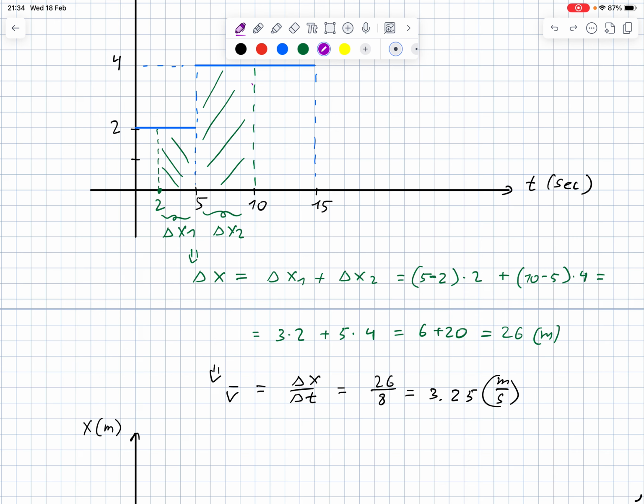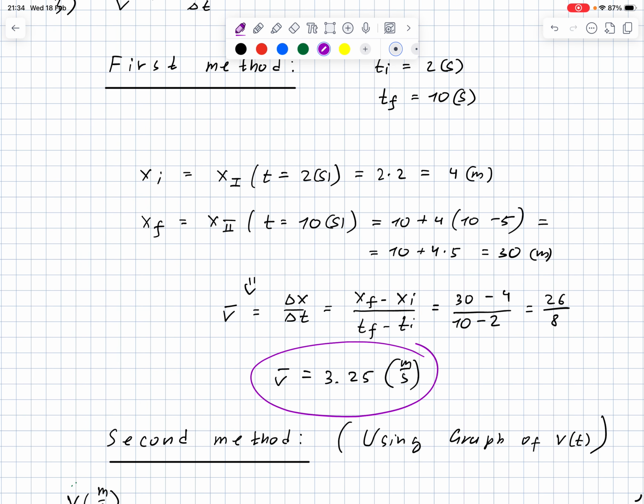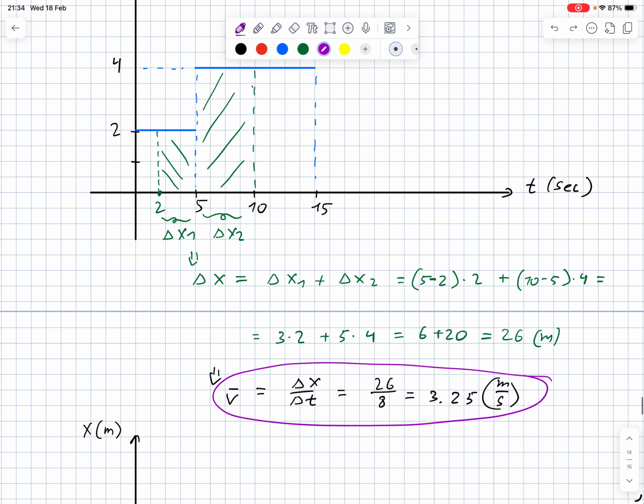Now we can calculate the average velocity, which again is delta x divided by delta t, equals 26 divided by 8. And finally, we get the same value for average velocity as when we used the first method. You can choose which way you want to use to calculate it. Both are okay.